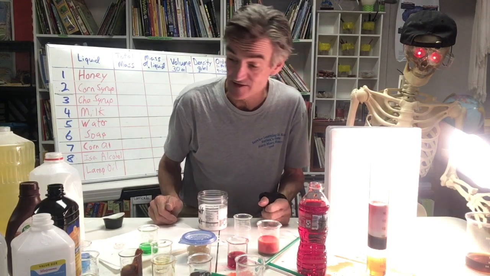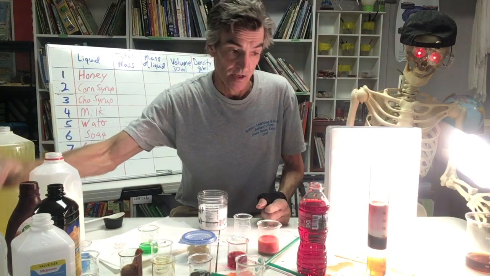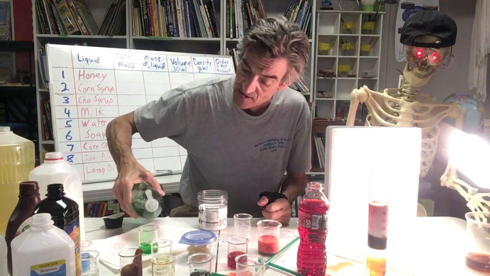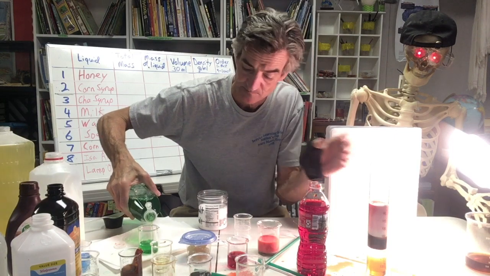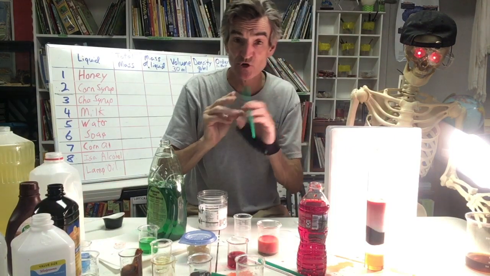Now the tricky part is going to be to get this soap into the very center of my graduated cylinder. I'm going to use my straw method again. And this time I'm going to use a new straw.